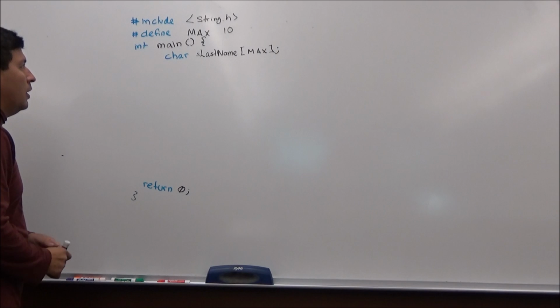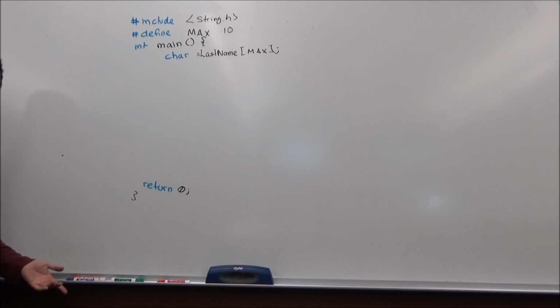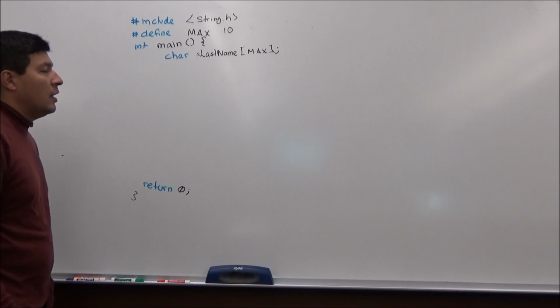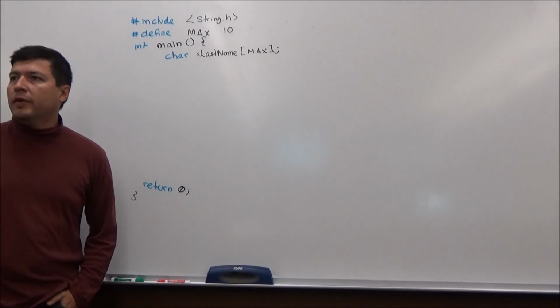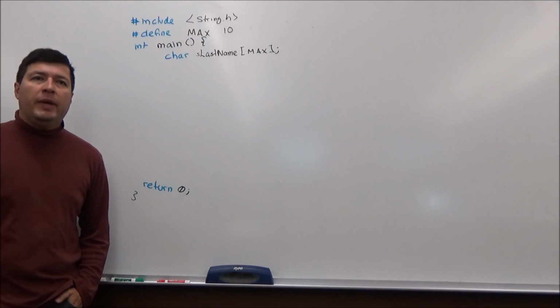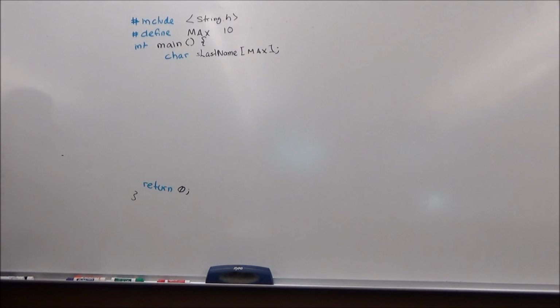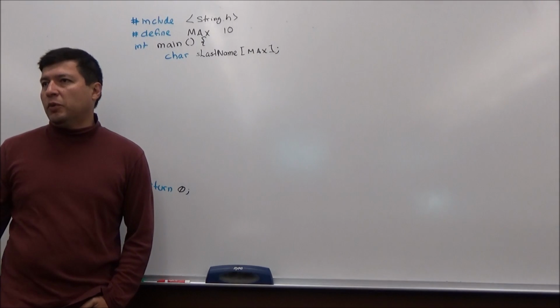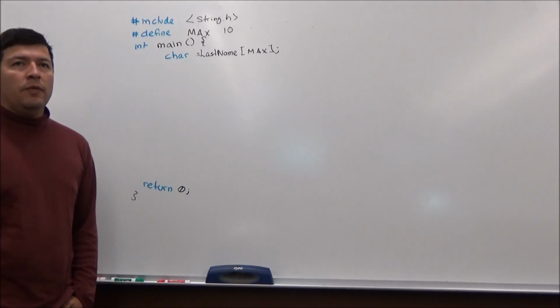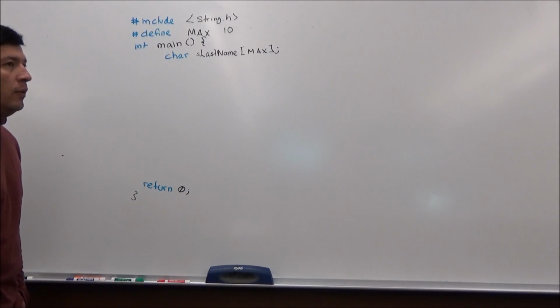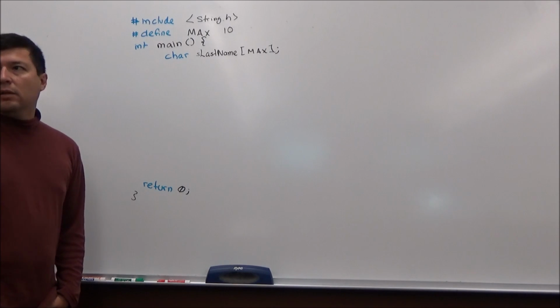What the computer is going to do is allocate 10 times 8, supposedly, right? Because each character is 8 bits. So it's going to allocate 80 bits. In reality, if you have a 64-bit, it'll allocate 128. If it's a 32-bit, then it'll allocate 98.